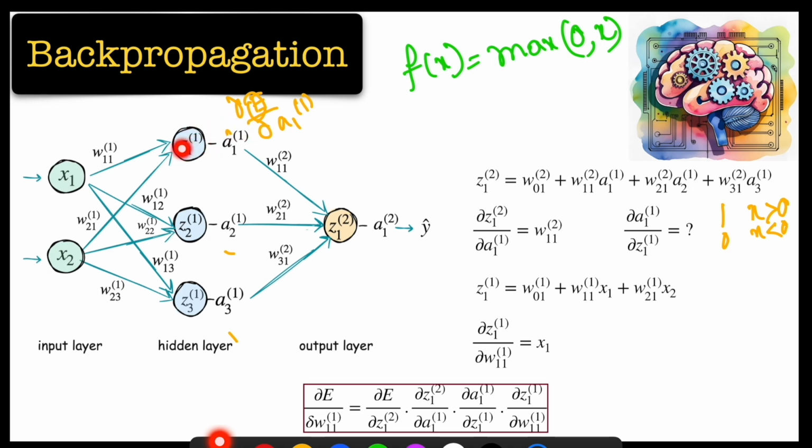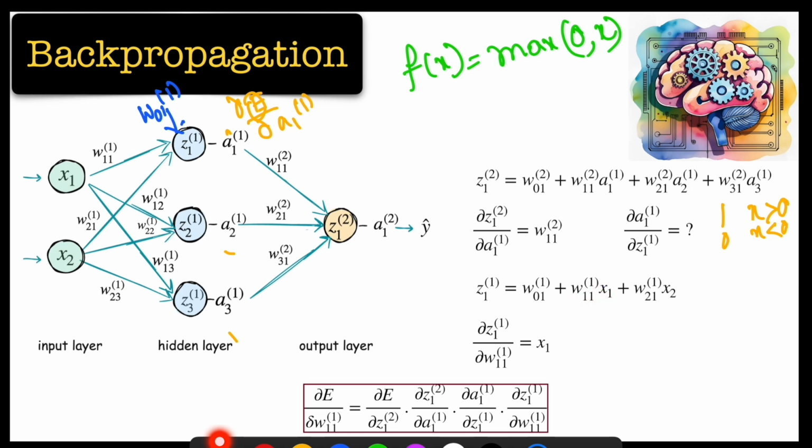Next we have to calculate the gradient with respect to all these weights. What is z11? It is a weighted combination of the previous layer. So consider a bias here, let's say W011. So z11 is W011 plus W111 x1 plus W211 x2. This is z11. So what is del z11 del W111? From here we get x1.